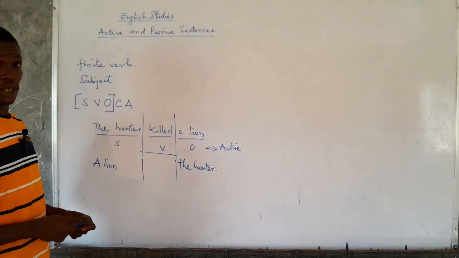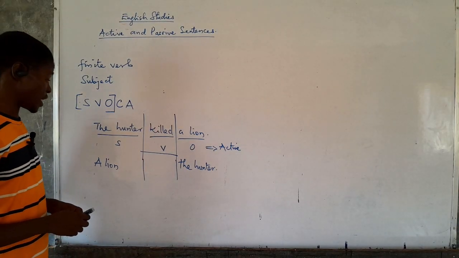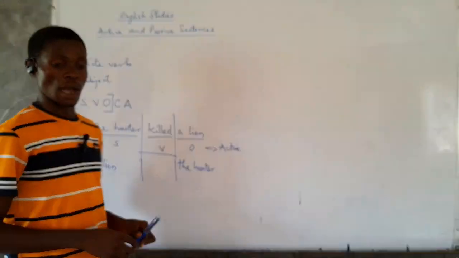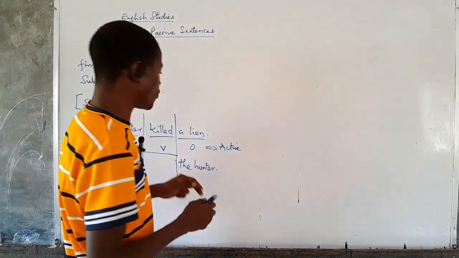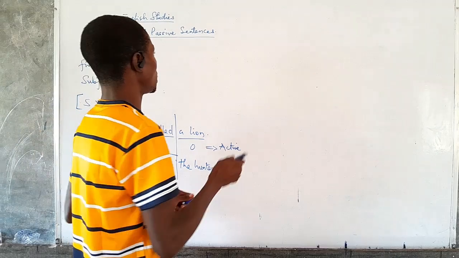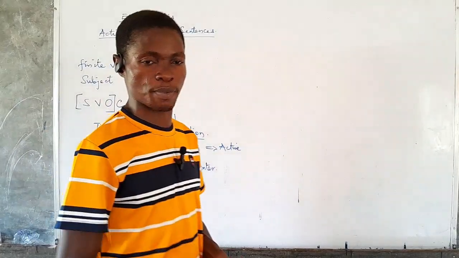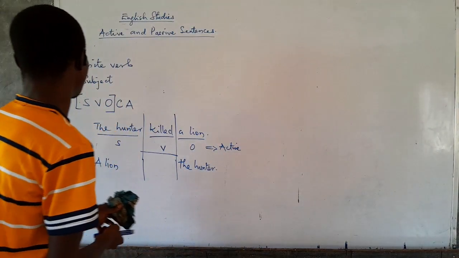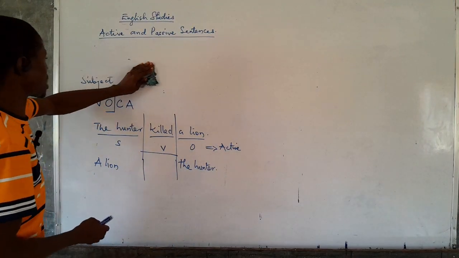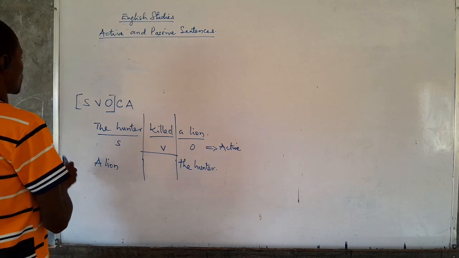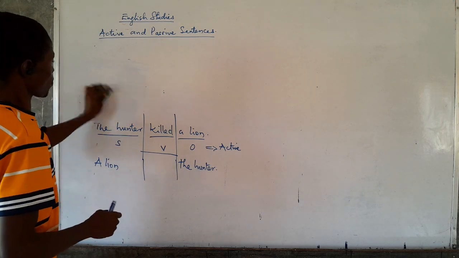The first thing that we need to consider here right now is having the verb form in passive. What are these? We call them the passive verbs. Let's write the following first.